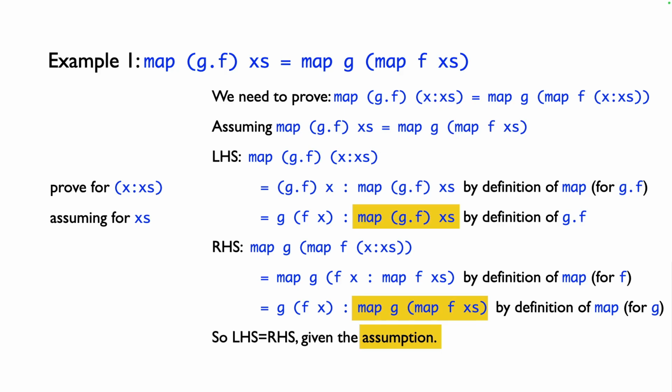So just as we did with a recursive definition, we define the function on x cons xs using the function on xs. Here we prove the result for x cons xs, assuming that the result is true for xs.